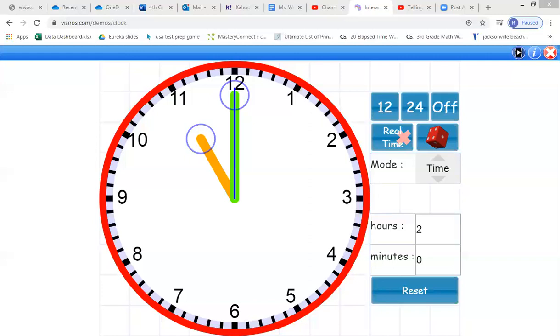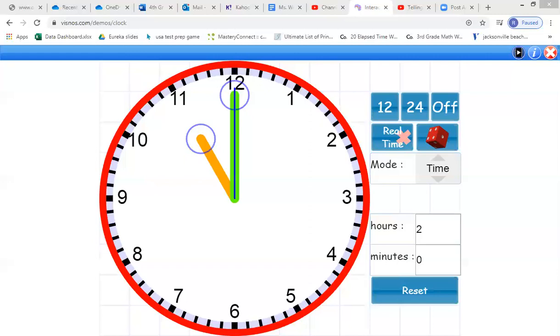All right, when you get to 10, dot dot 50. And when you get to 11, dot dot 55. Okay, and then we're back at 12. When we get there, it's a complete 60 minutes.